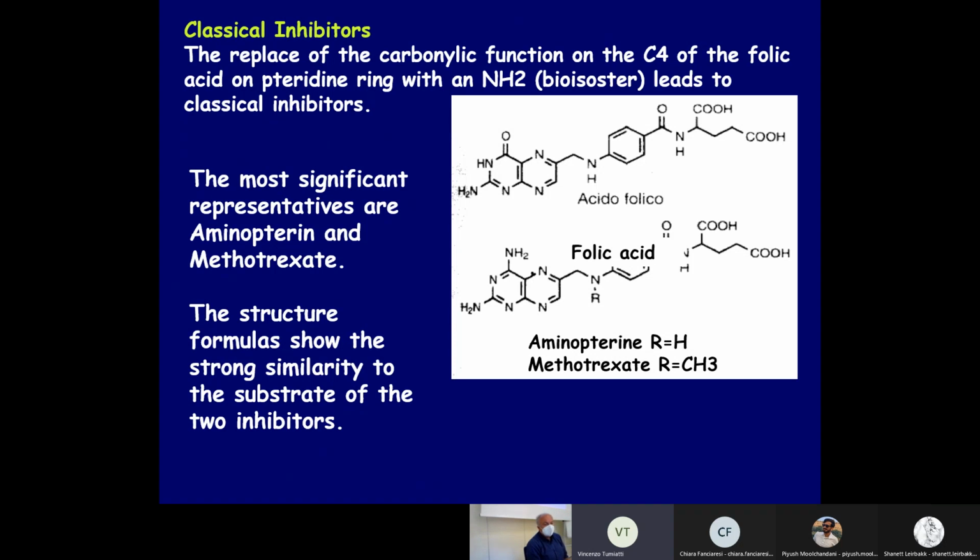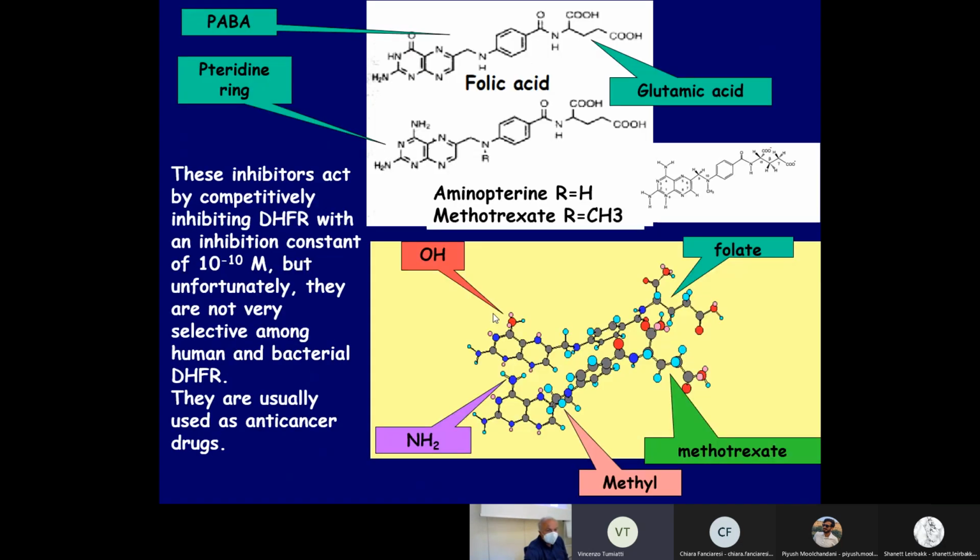Remember, aspartic acid is an acidic amino acid with an acidic residue. This means that it's possible to form an additional ionic bond between methotrexate and the binding site.